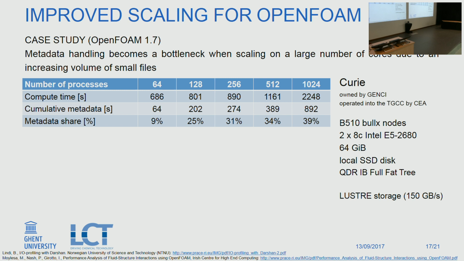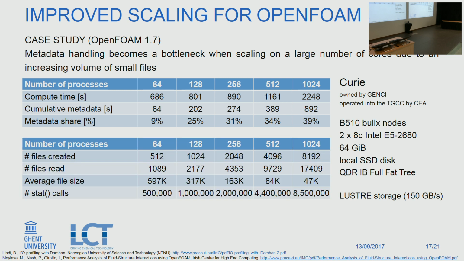Now I switch back to runtime modifiable. It's two slides that I want to show you. They're not cases that I've run, but cases that I've seen in the framework of PRACE, on a Tier 0 system, where they wanted to check whether OpenFOAM can scale to 10,000 or 100,000 cores. It was done on Curie, which is a Tier 0 machine in France.